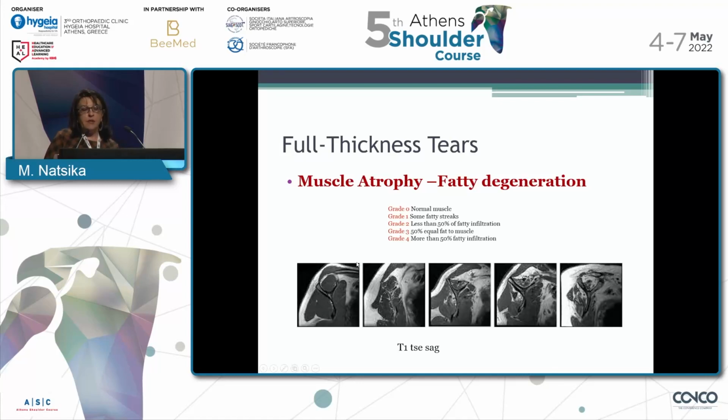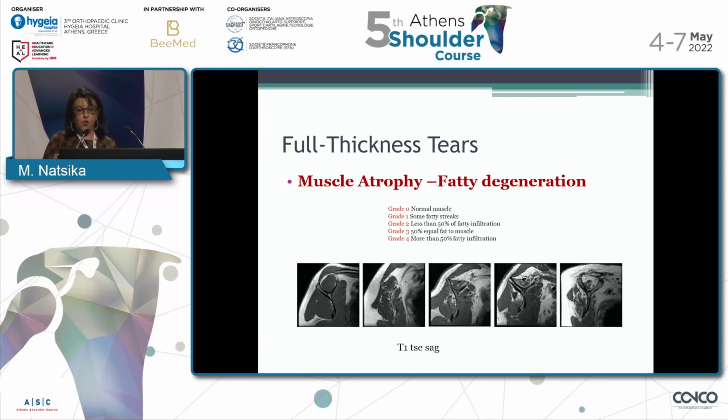Going to the muscle atrophy, it was started by Goutallier in 1993. Then the radiologist Zanetti also started it using CT imaging. Then it was produced with sagittal imaging, the sagittal T1 imaging on the oblique plane.